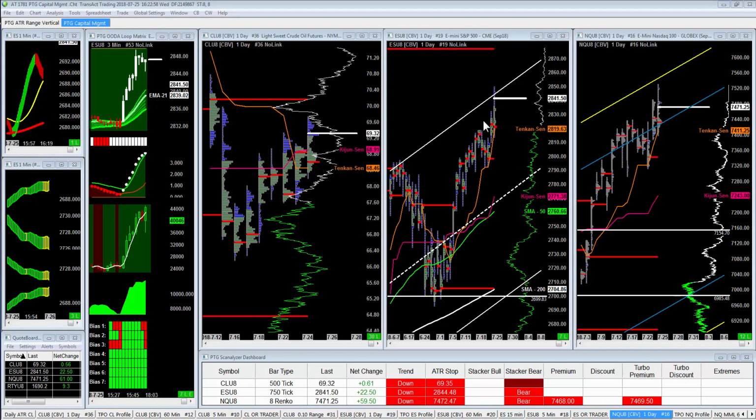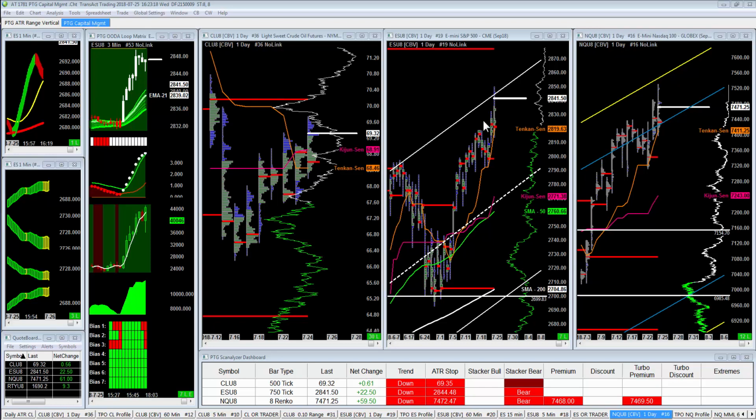Okay, so we switched the screens and now we're looking at our main screen that you'll encounter in our trading room, as a new user of the PTG Trader Toolbox, and we'll go over some of the features and graphics that we have here.